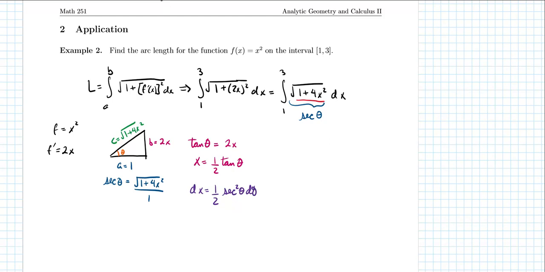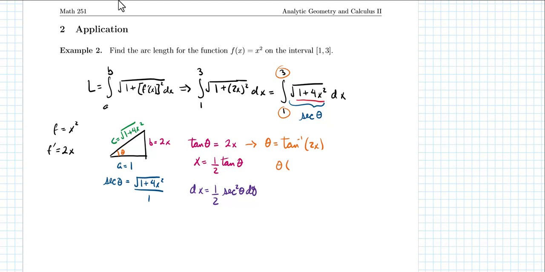Actually, before we do though, since we are going to be evaluating at different values of x, let's see what those values of x would be in terms of theta. So let's put the theta, and let's go with orange. If we know that tangent theta is equal to 2x, then theta is equal to the tangent inverse of 2x.